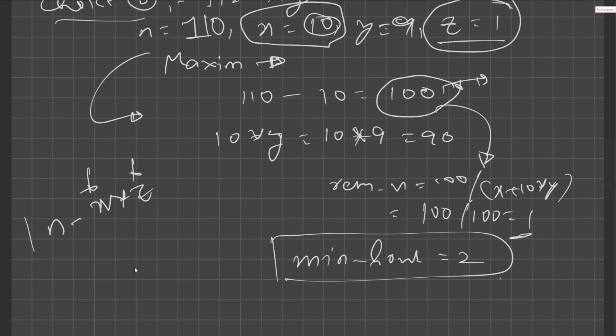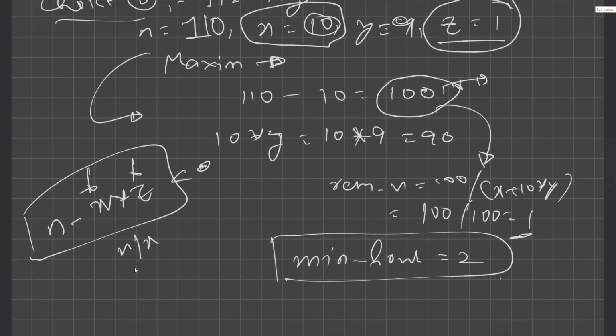Now for the remaining lines of code, if this value is lesser than 0, it means Maxim would have written more lines of code. So when Nikita is setting up the AI agent, Maxim would have already finished the writing of code. So if it is lesser than 0, then your minimum number of hours will be n divided by x. Why n by x? Because the speed of Maxim is x lines per hour, and in total we need to cover n lines of code.